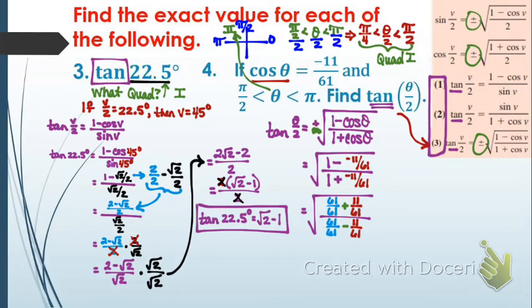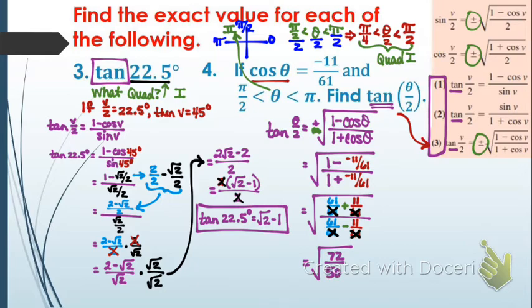You guys okay if we just do away with those denominators since they're all over 61? I've got that common denominator. I would just rather not write another complex fraction. What is 61 plus 11? 72. Over 61 minus 11? 50.